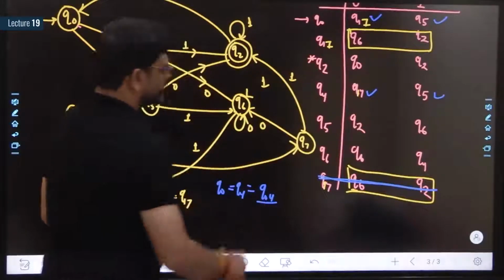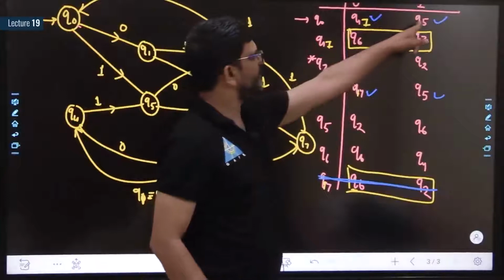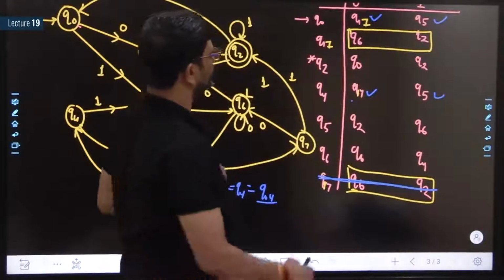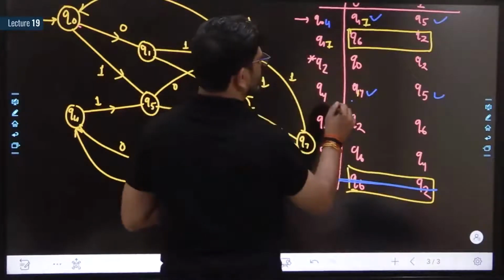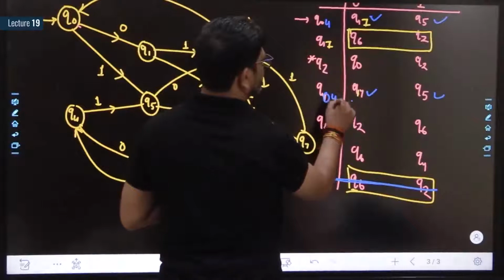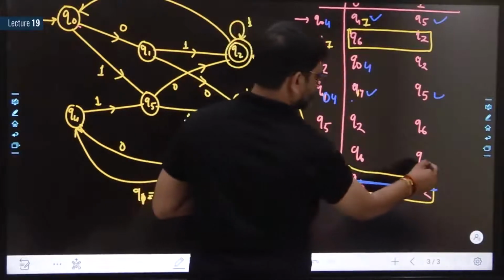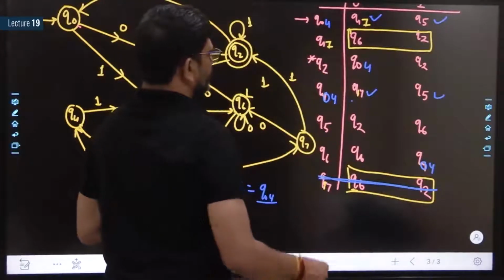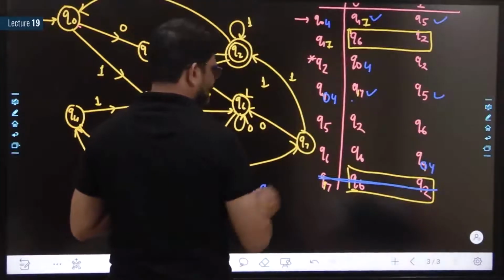We call it Q04. See, this is Q17, Q5, Q17, Q5. We can merge Q0, Q4. We can write Q04. Now, remove this state also.